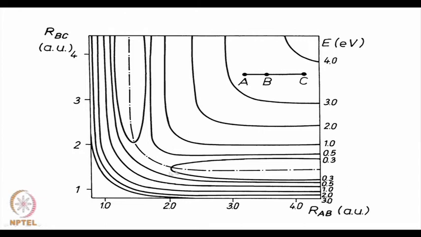In this region the energy is increasing, next is still more energy, and ultimately somewhere along the diagonal it has the highest energy, and then again it is reducing. So, when the reaction proceeds, maybe this way to that way, or that way to this way, it passes through a maximum and then again a minimum.